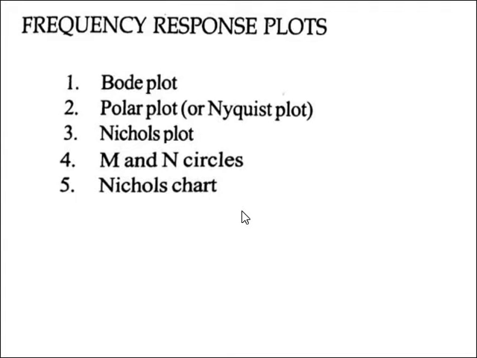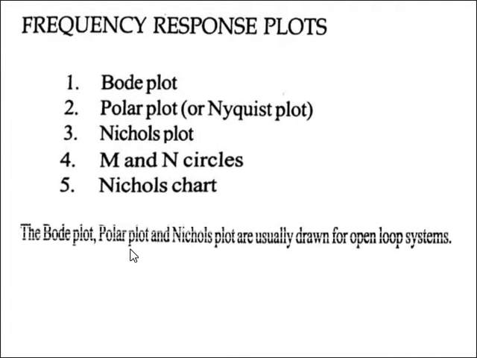But what are the methods to calculate the frequency response of open loop systems? What are the methods to calculate the frequency response of closed loop systems? The first 3 methods are used to calculate the frequency response of an open loop system: the Bode plot, the polar plot or Nyquist plot, and the Nichols plot. These 3 are used for the open loop system.